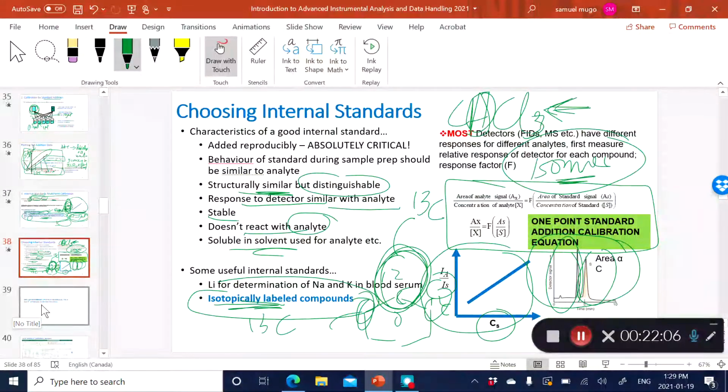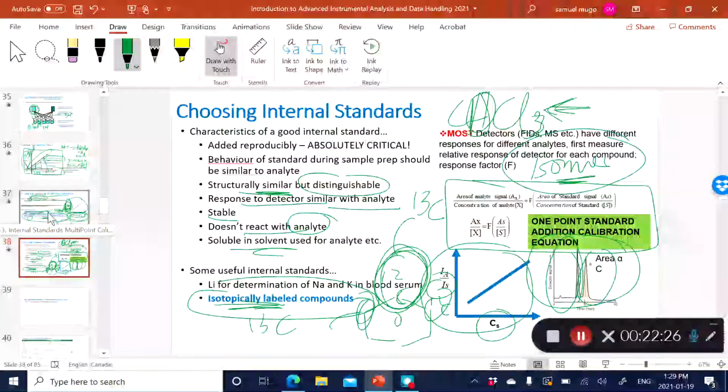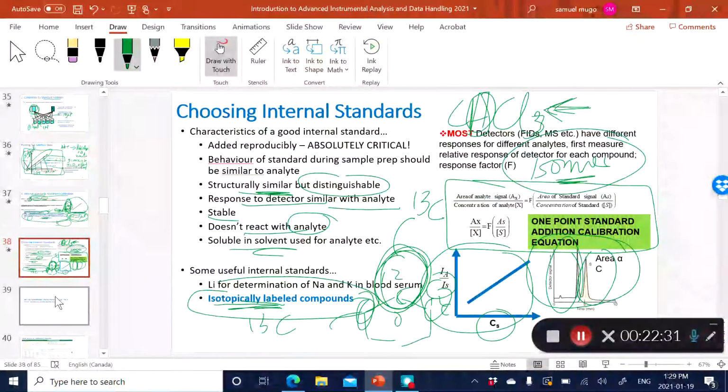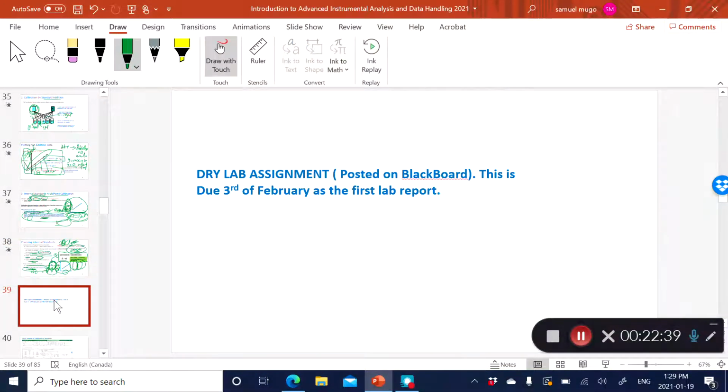So I hope it's clear to you how you do calibrations using the 3 different methods, namely, the external calibration method, the standard addition method, and the internal standard method. And I'd like you also to be able to know why you use each one of those methods so that you can determine, depending on the problem, what's the ideal method of calibration that you should use.